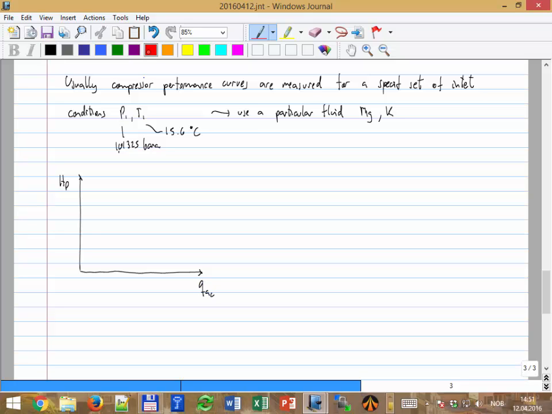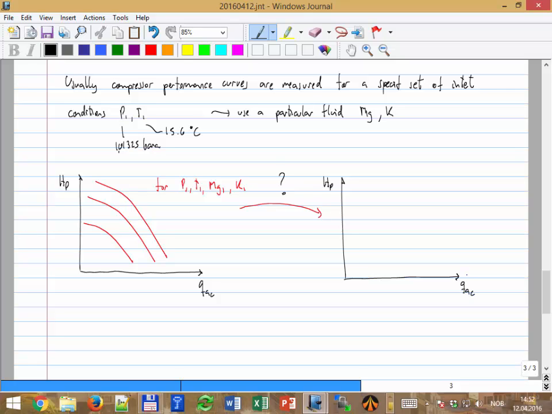If we have these curves measured for P1, T1, molecular weight 1 and K1, how am I going to convert, or how am I going to find the actual performance for my particular case, because now I have P1 star, T1 star, MG1 star, and K1 star, which might be different from the test.